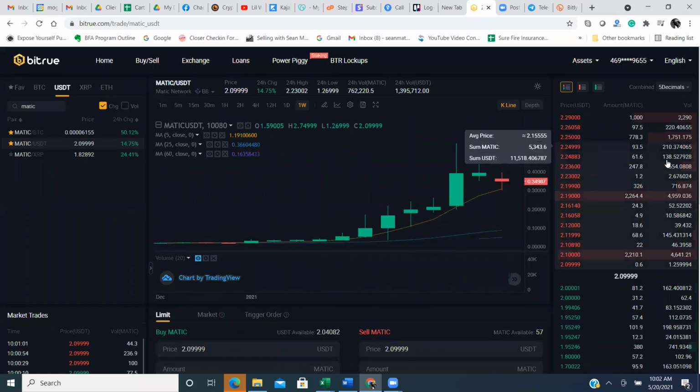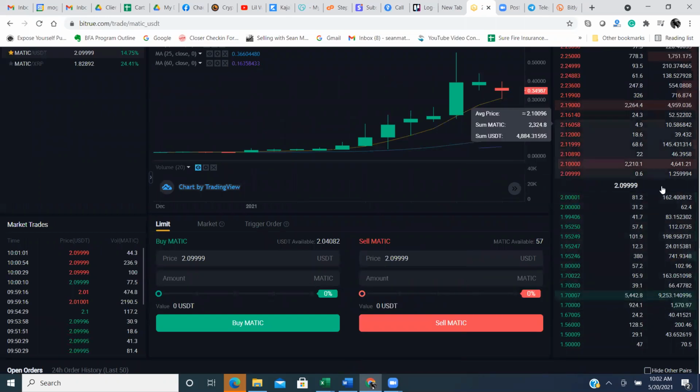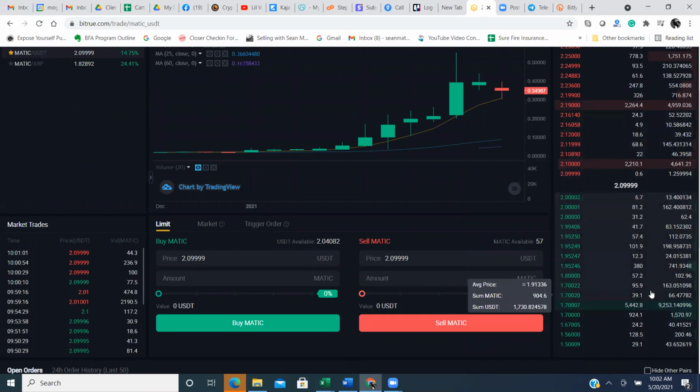But you can see the amount of sellers versus the buyers here, and typically you see the big orders stand out. There's a lot of small movement here in this range.